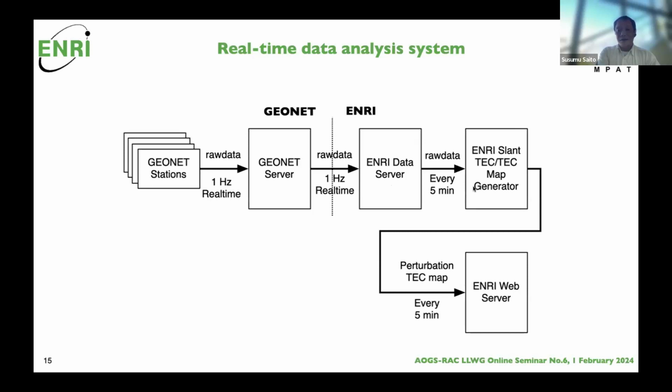The analysis is done every 5 minutes, and the perturbation TEC map is published on the web server every 5 minutes. Currently, the processing time is about 2 minutes to process the whole 200 GEONET station data and publish it on the website.